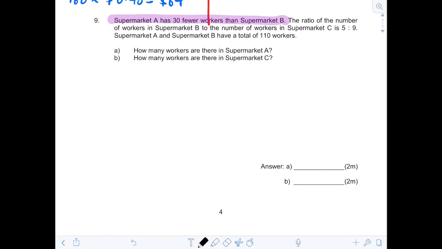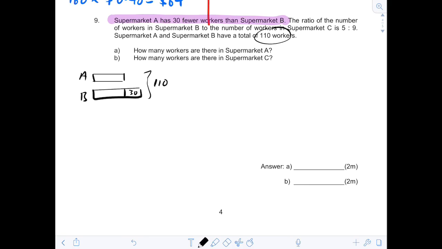So from here, if you want, you can draw a model, whereby A and B, and this one is 30 fewer, and the total over here is actually what they say here, 110.